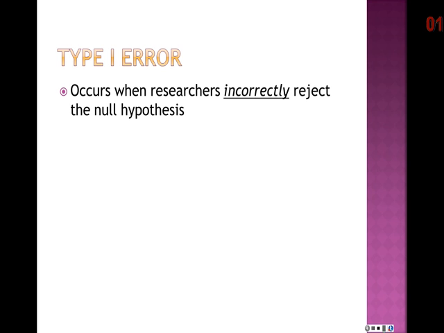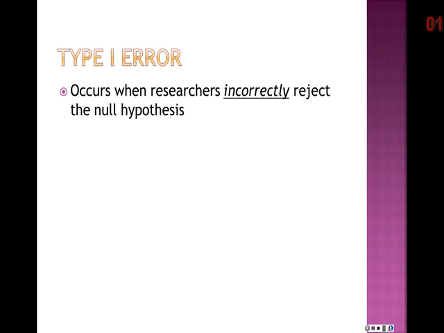So, type 1 error in this case is when researchers incorrectly reject the null hypothesis. So this happens when researchers conduct a study and they find a significant mean difference between their sample and the population, and say that their sample is significantly different because of some treatment that they're going through, and so they're rejecting the null hypothesis and accepting the research hypothesis.